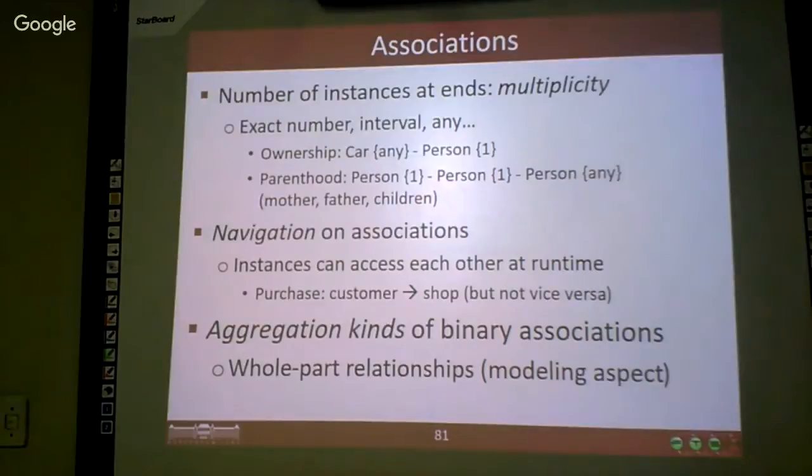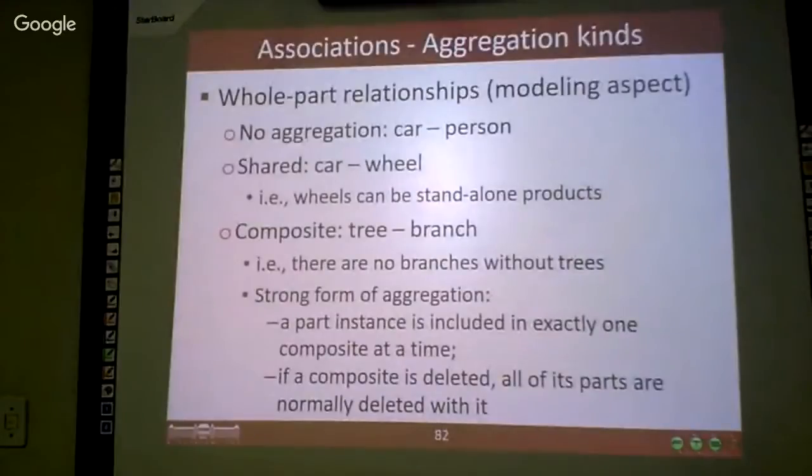There are special kinds of associations, and we can use aggregation kinds that will model some whole-part relationships. It can be that we don't want to model whole-part, so there is no aggregation, for example, for a car and a person.